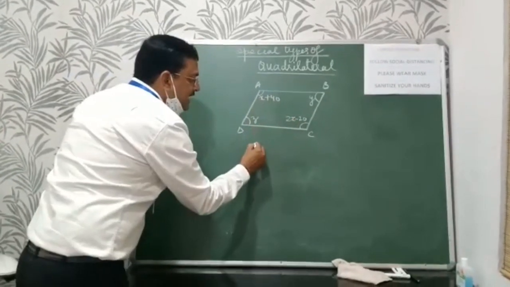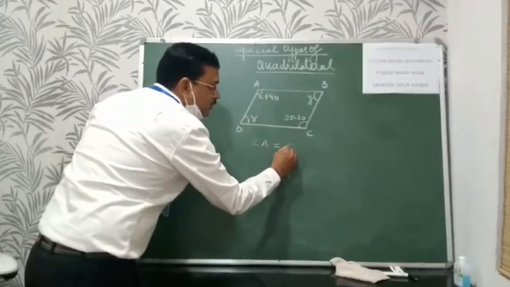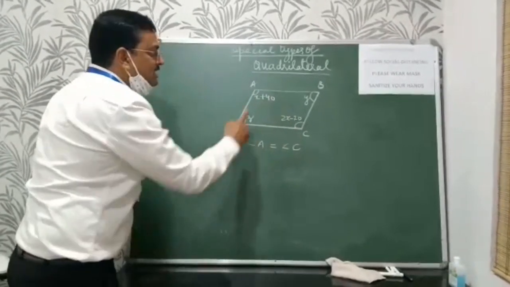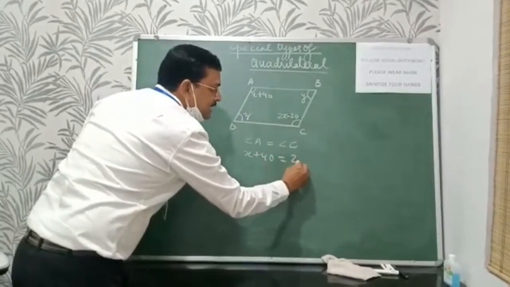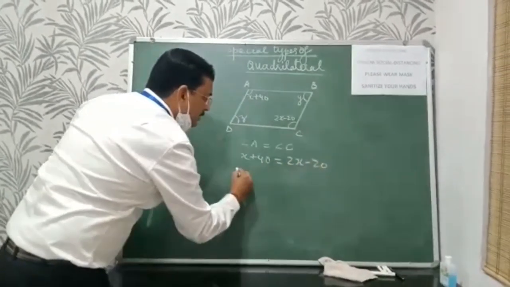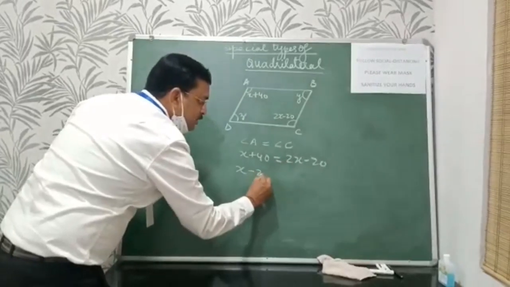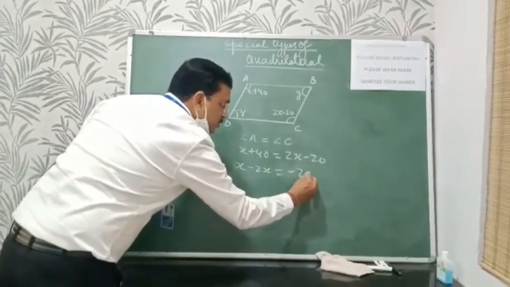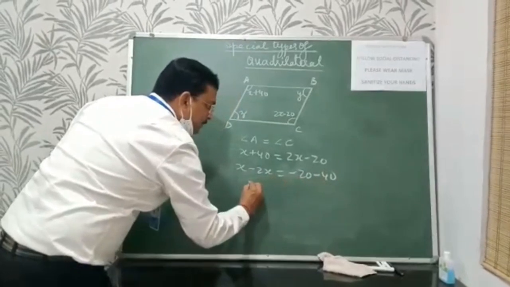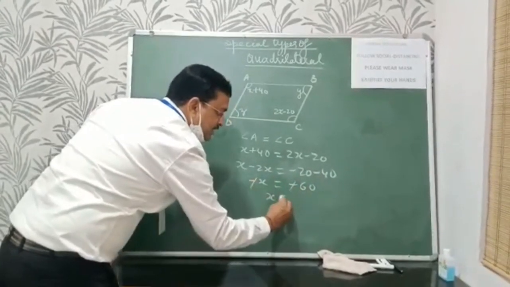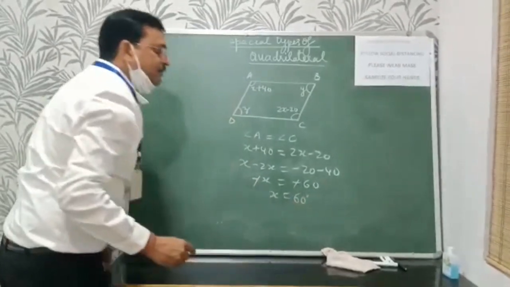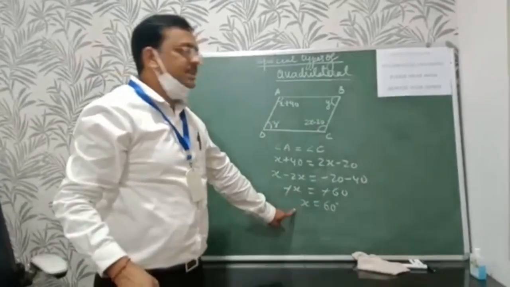So angle A is equal to angle C. Angle A is x plus 40 and angle C is 2x minus 20. So x minus 2x is equal to minus 20 minus 40. Minus x is equal to minus 60. The minuses cancel, so x is equal to 60 degrees.